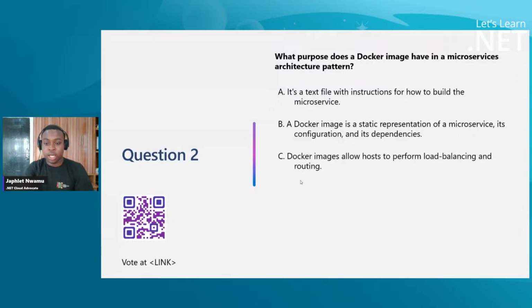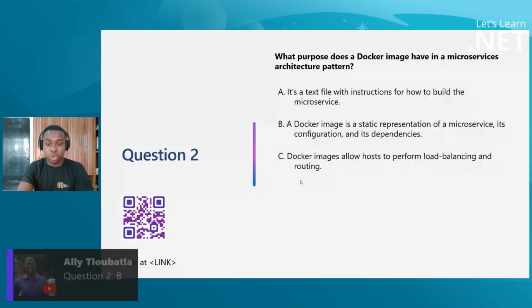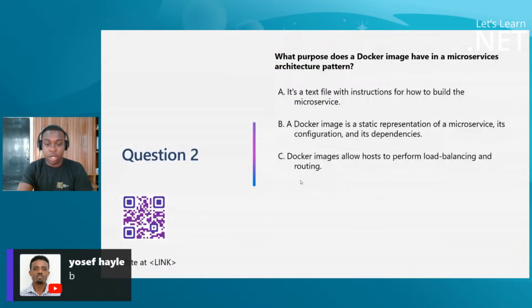Let's see the comment section. I can see a lot of answers for B already. We have Yosef, we have Enzo, and we have Ali going for B already. Great. Let's see how many more answers we'll get.